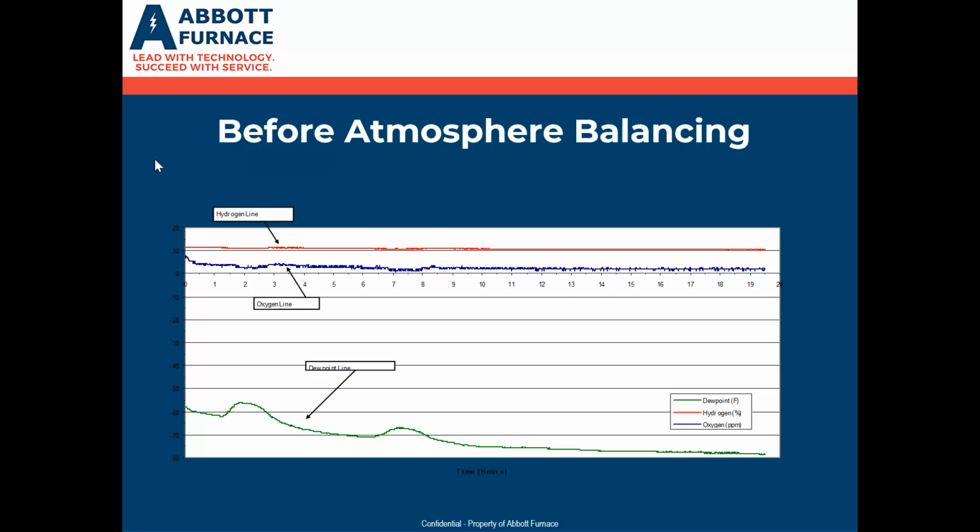And we don't want oxygen in the high heat of the furnace because it's going to inhibit the reduction of the oxides in the powder, and it's going to cause decarburization. And then the bottom, the green line, you can see the dew point is a little bit higher in the front of the furnace where we like to see it, and then it tails off as it goes through the furnace to the rear. So this is what your graph would look like before a balancing.